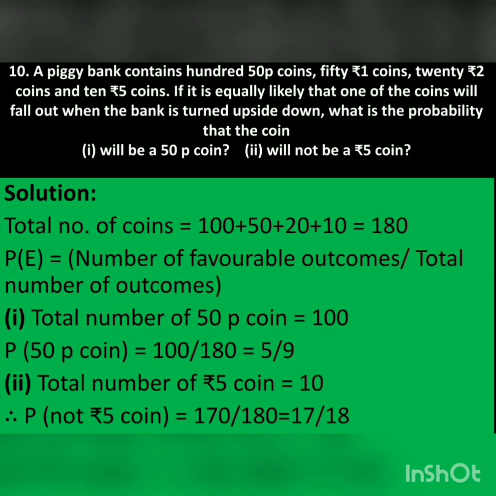So the probability of a 50 paise coin will be 100 over 180, because there are 100 50 paise coins and the total coins are 180. 100 over 180, after cancelling, we get 5 over 9. Second, it will not be a 5 rupee coin. So leave out the number of 5 rupee coins, that is 10, and count the leftover coins, that are 170. So its probability will be 170 over 180, which is equal to 17 over 18.